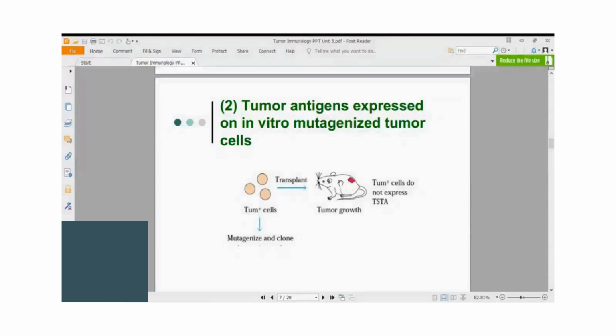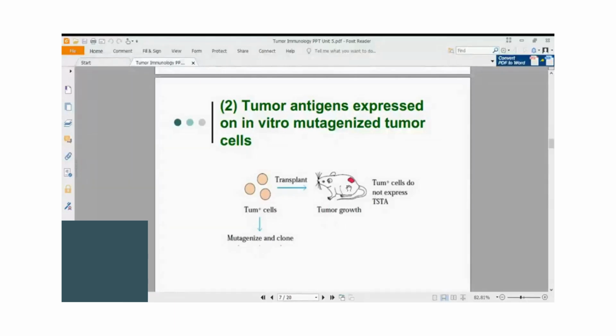So you will see that the transplant is going to be accepted, and that mouse will also express the tumor plus cells, but does not express tumor specific transplantation antigens. Therefore, the tumor does not get rejected.